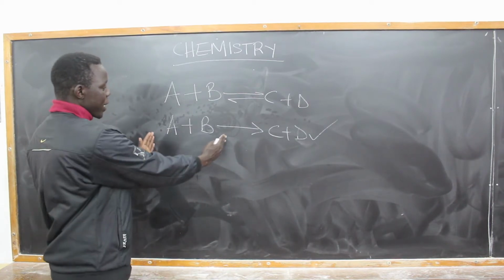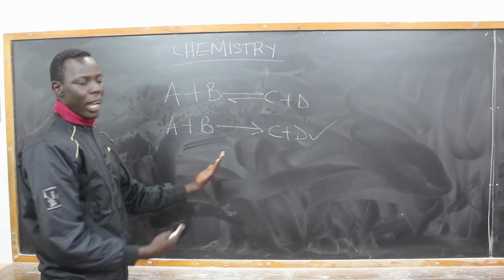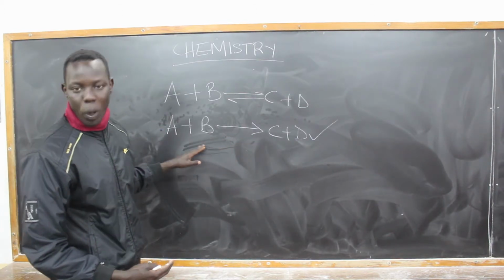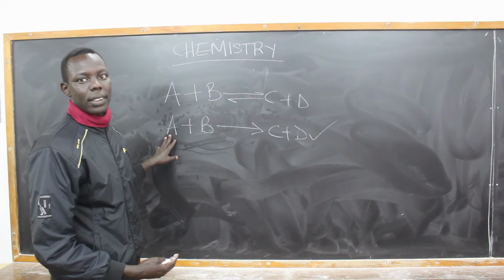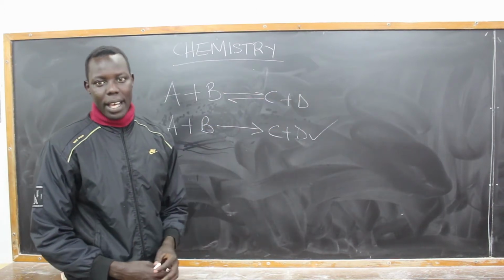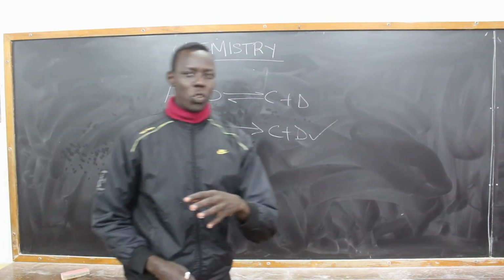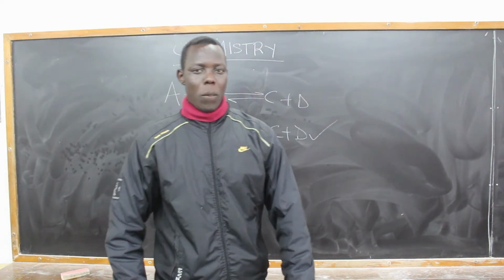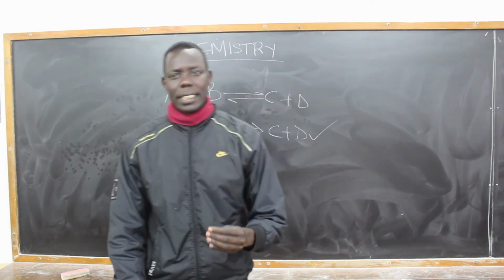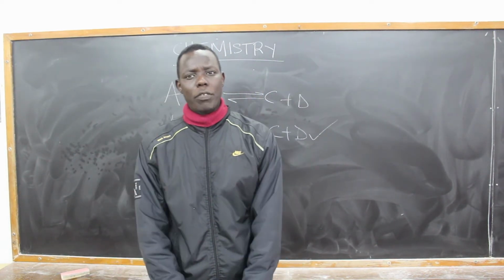So, any species, elements, compounds, or whatever, before the reaction sign are referred to as the reactants. Then we have the products on the other side. And writing of chemical equations is always very simple, as far as you know how to project the products being formed.